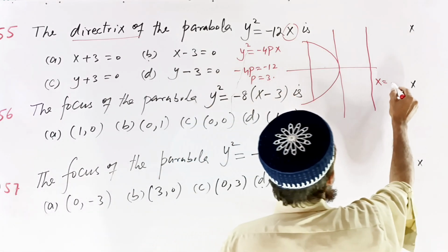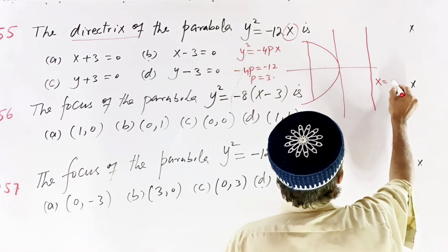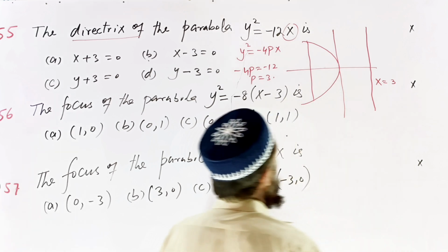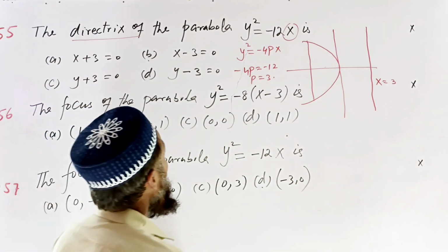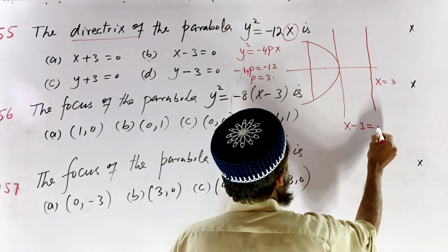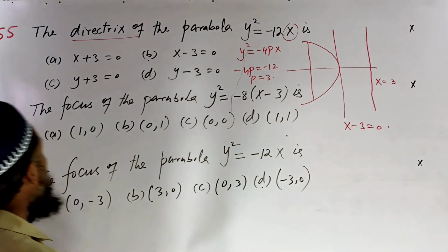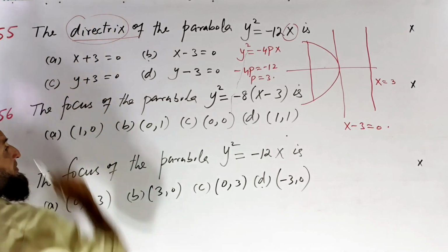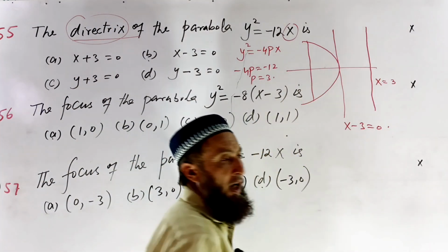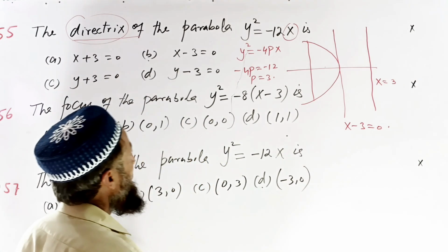That means x is equal to 3. If we change the equation, x minus 3 is equal to 0. So the directrix is the line on the opposite side of the parabola.